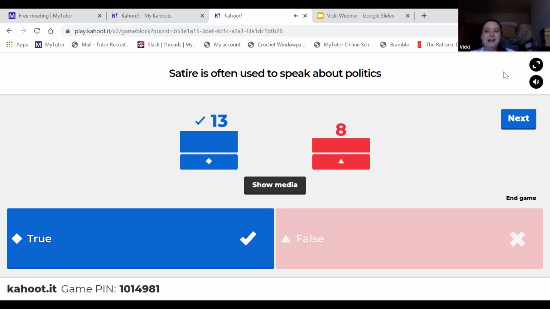Yep, so usually it's taking the mickey out of what a politician has done or a current affair that's going on. So at the moment you're seeing a lot of satire about Dominic Cummings, a lot of satire about Boris Johnson. So it's basically being a little bit sarcastic, taking the mickey a little bit about them.